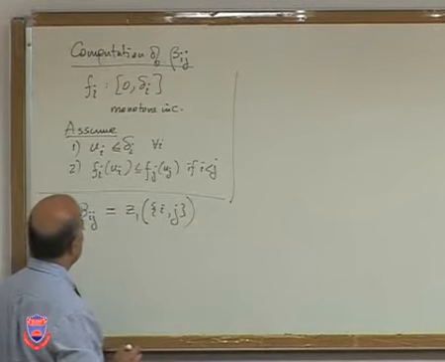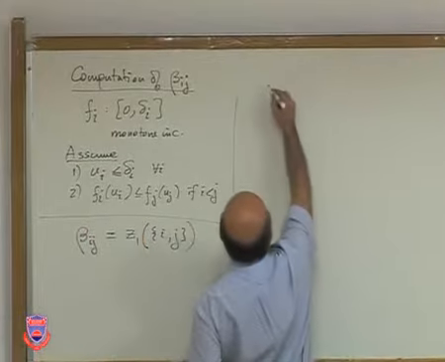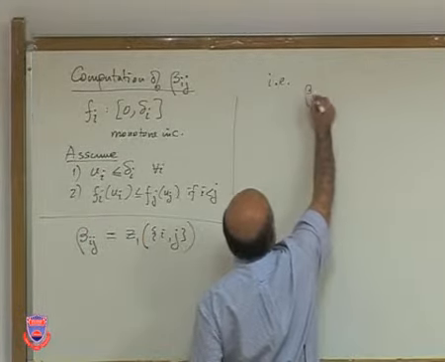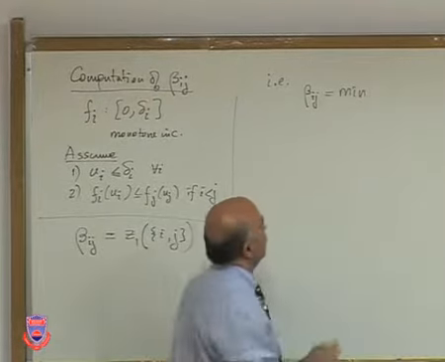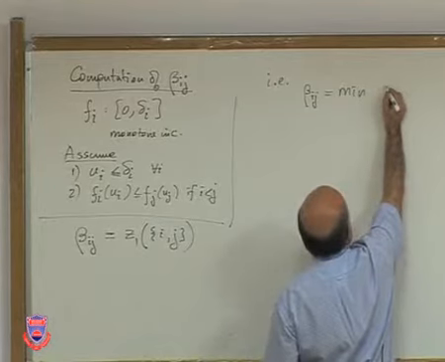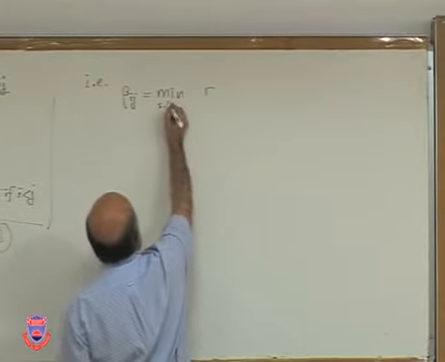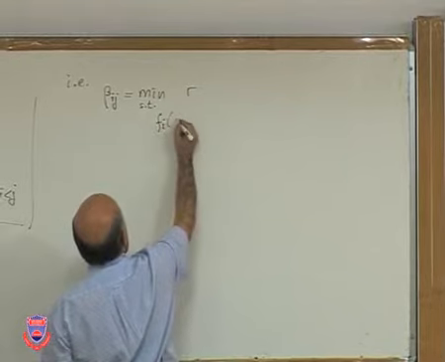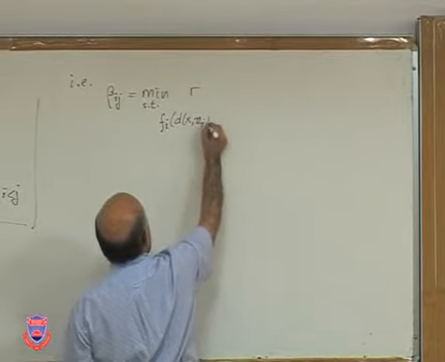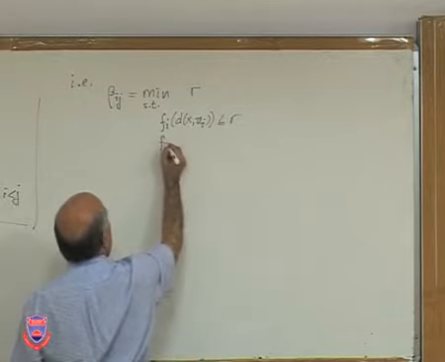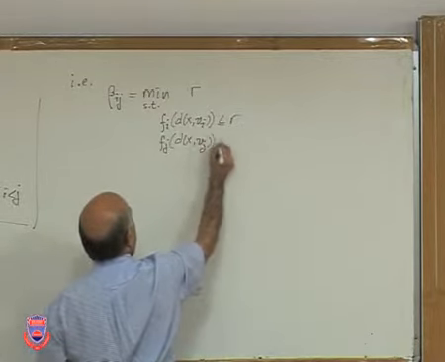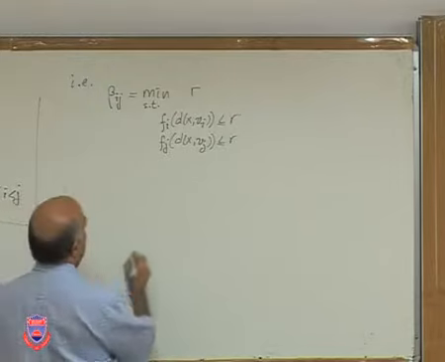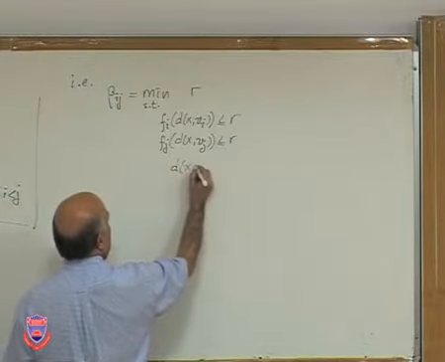Okay? Which means that beta ij is the optimal value of the solution to the minimization of, say, R subject to fi of d(x, vi) less than or equal to R, fj of d(x, vj) also less than or equal to R, where i and j are specific indices here, with upper bounds.